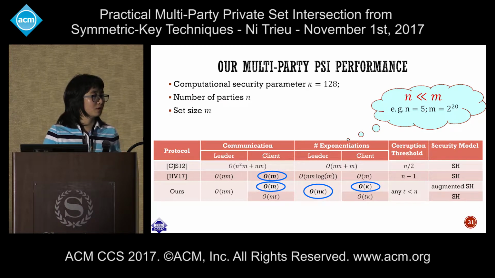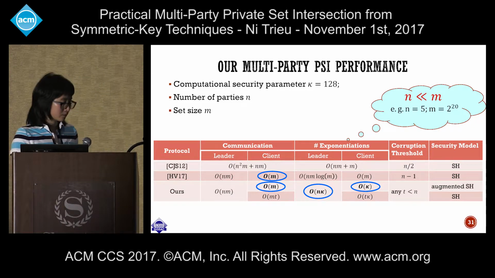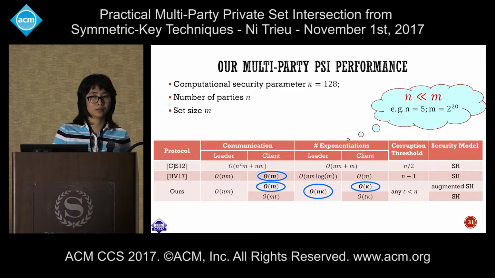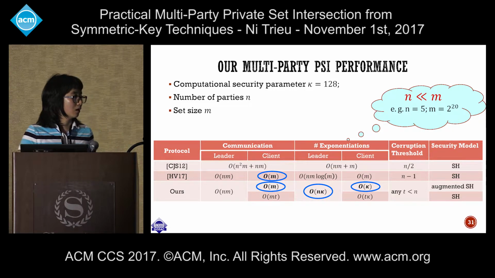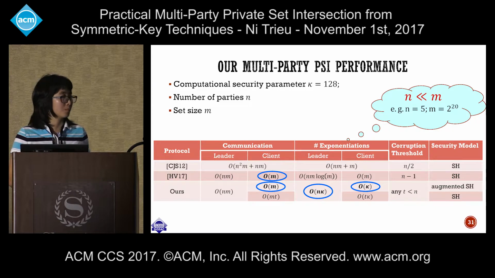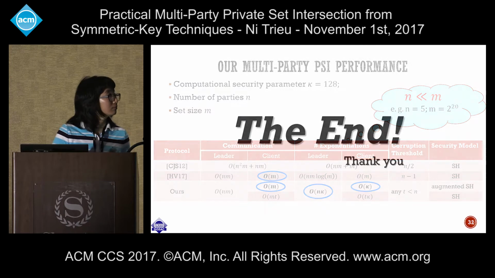This cost is for base OT, so it can be done offline. And for the communications, our protocol is from symmetric key operations, so we require more communication than protocols based on public key operations. Yeah, and thank you.